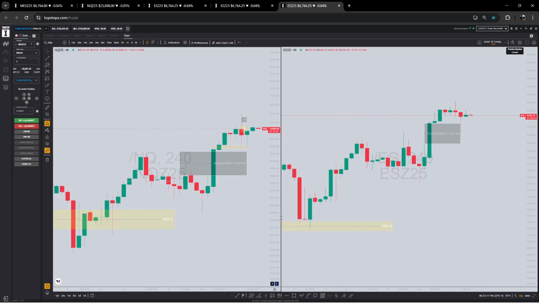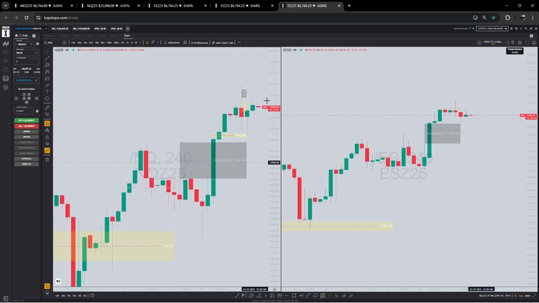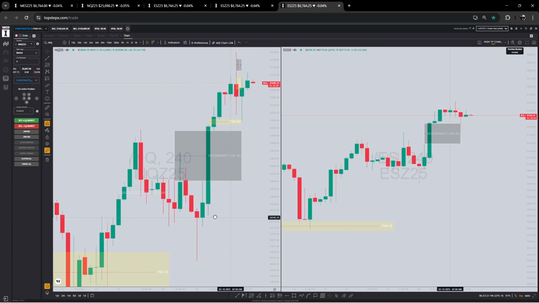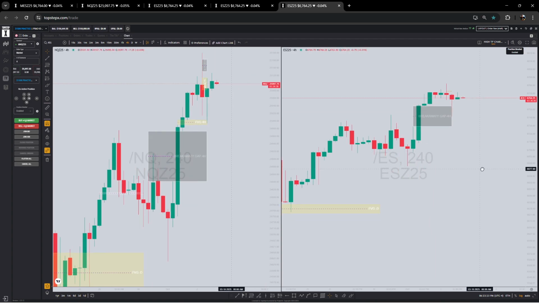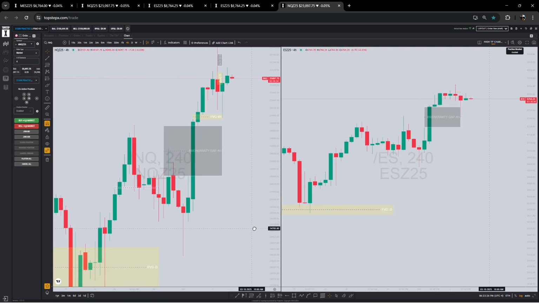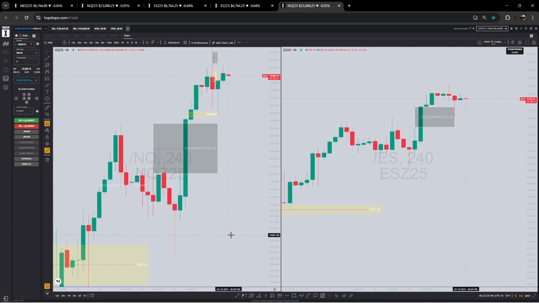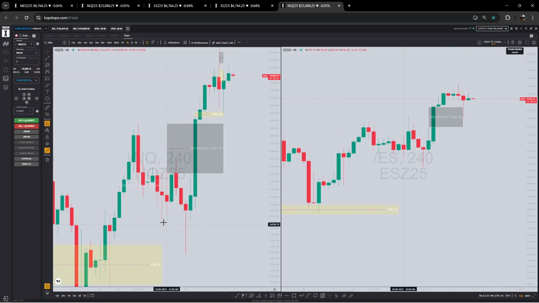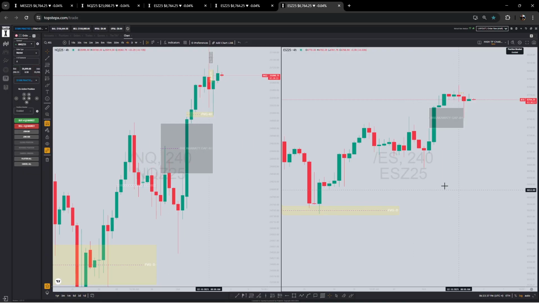So guys, as we jump down to the 4-hour time frame, what do we have here? We have this breaker here with this low, high, lower low, and with this displacement up. We have the same on ES: low, high.